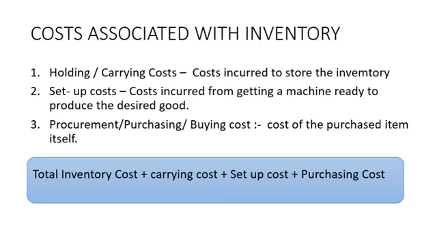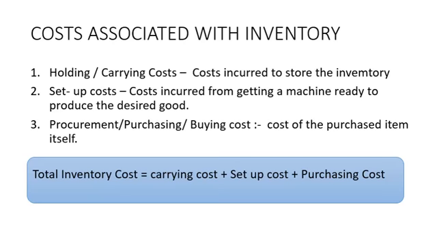This may be constant per unit or it may also vary as per the quantity purchased or produced, as it is increasing or decreasing. So if we have to calculate the total inventory cost, we have to add all these three types of costs. That is, in order to get total inventory cost, we have to add carrying cost, setup cost, and purchasing cost associated with the inventory.